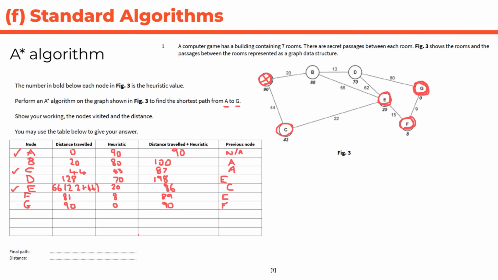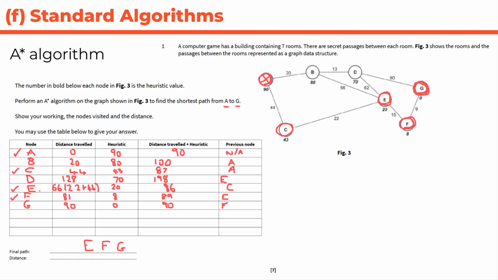So in that case, if I'm at G, my final path was G. So let's go destination node. So there you go. G. How did we get to G in the first place? You look in the previous node and it says F. So if I go backwards from G, it would take me to F. Look at F in the table. F had a previous node of E. E goes in my table.